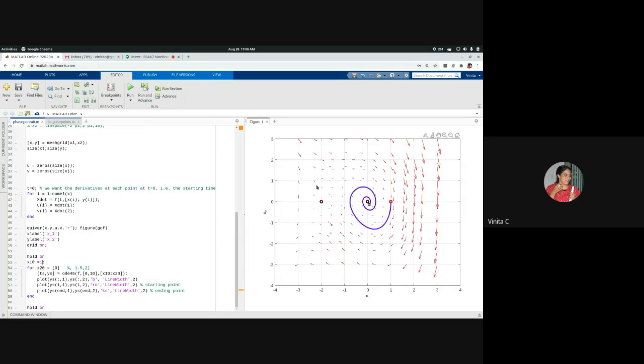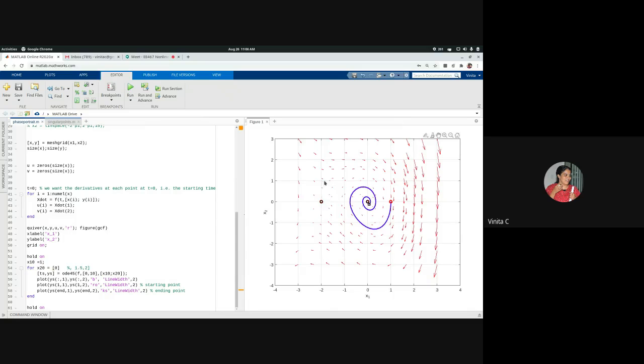Now let me try and give some point somewhere here, near to the second equilibrium point. I am trying to give a point here. If I give a point here, it is close to the second equilibrium point, so it should come to that, right? Let us see if it comes. This point is x2 = 1, and x1 is -2.